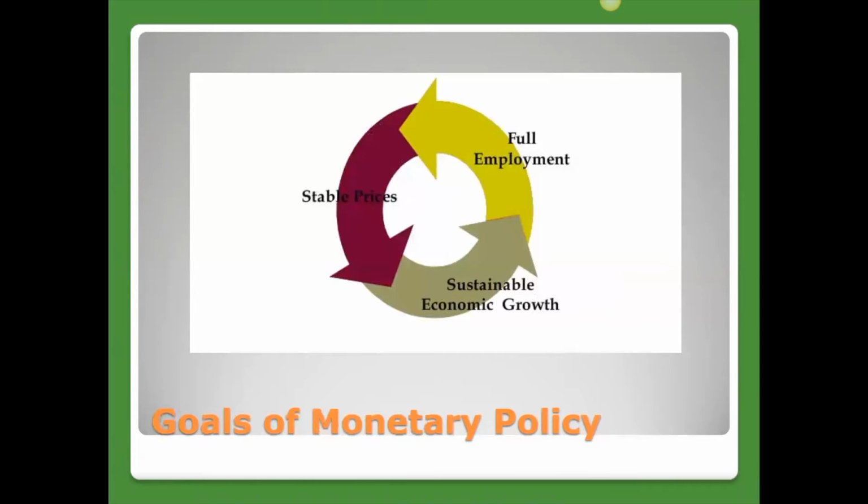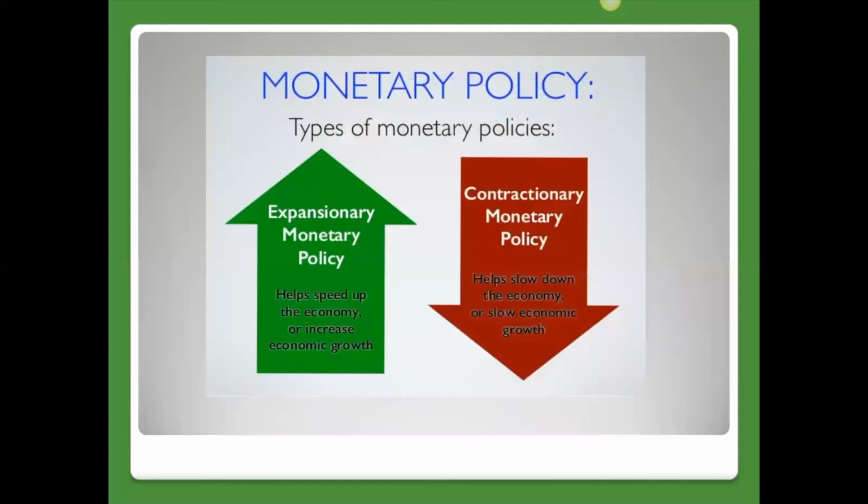Basically, everything is growing at a steady pace and people are employed, so they have jobs and they can spend the money in the economy to keep everything going. So both the government and the central banks have similar objectives, and they just influence them slightly differently.